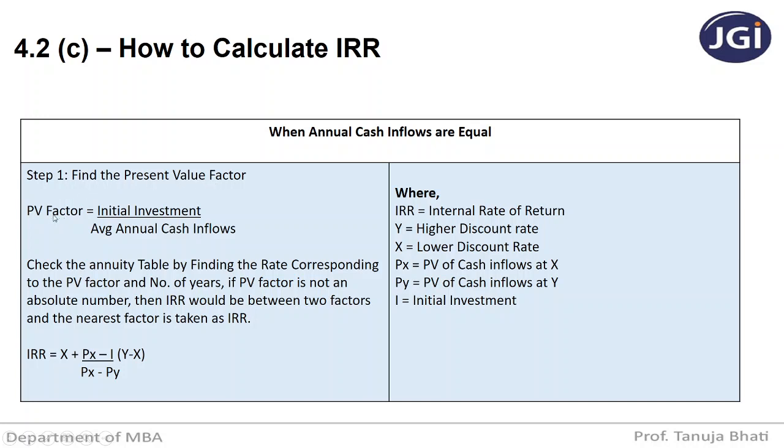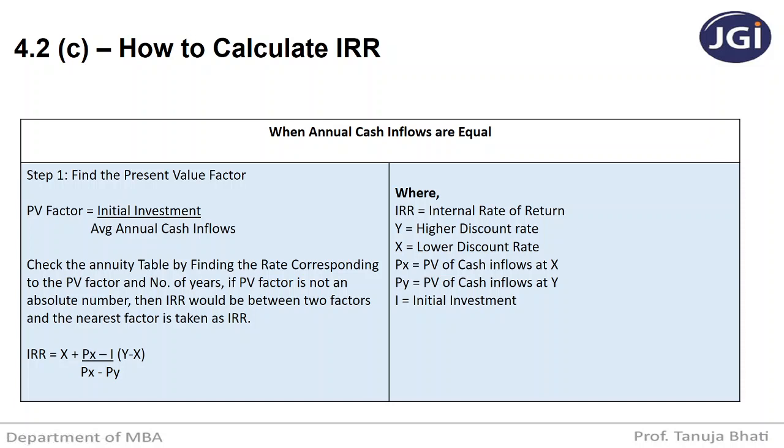How will you find out the present value factor? There is a formula: initial investment, which is the cash outflow, divided by average annual cash inflow. Then check the annuity table by finding the rate corresponding to the PV factor and number of years. In every project the number of years will be given.